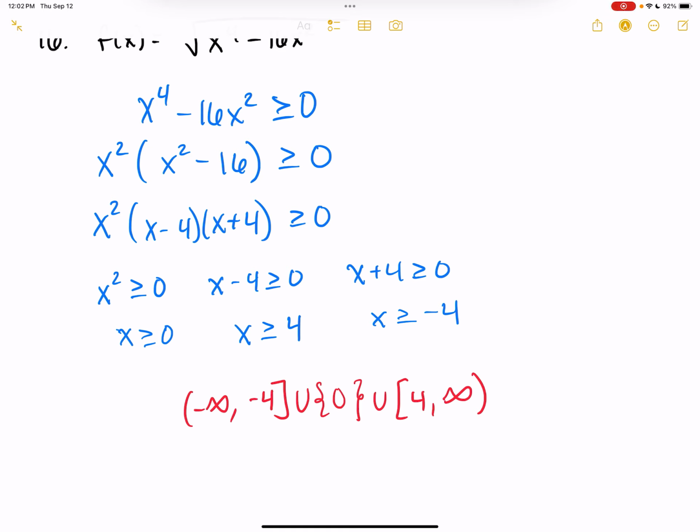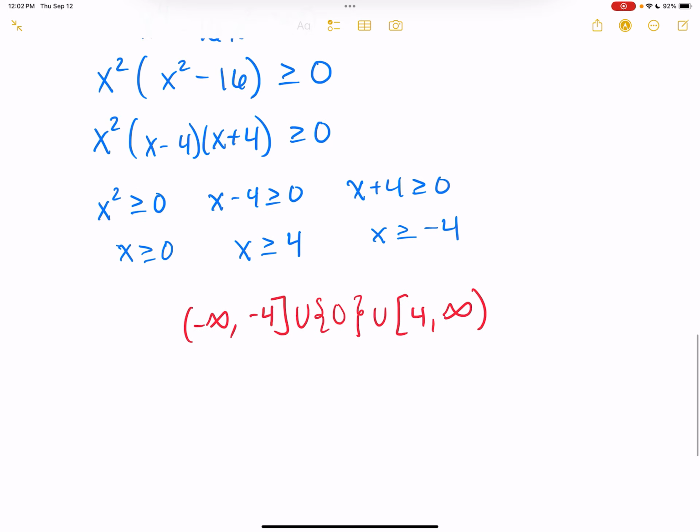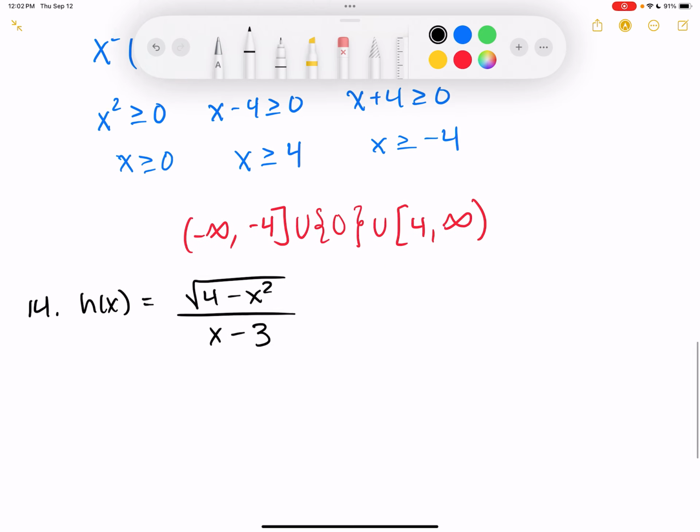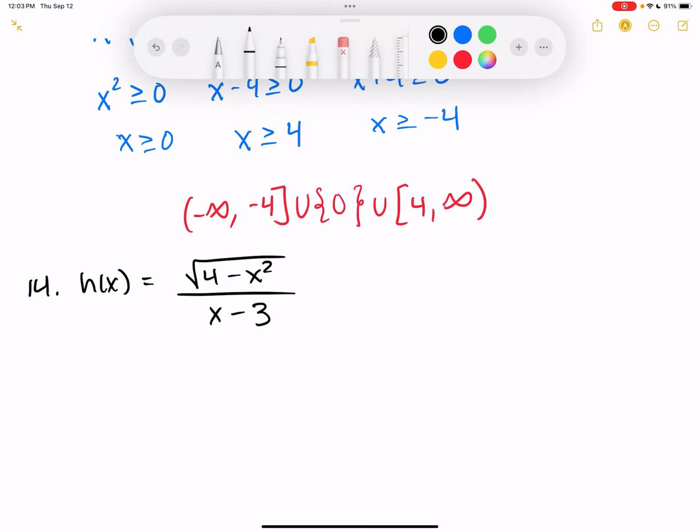All right, I'm gonna backtrack so we do one more, kind of like what we just did here. Number 14, h of x equals the square root of 4 minus x squared over x minus 3. So what type of things are gonna cause a problem with this particular problem?